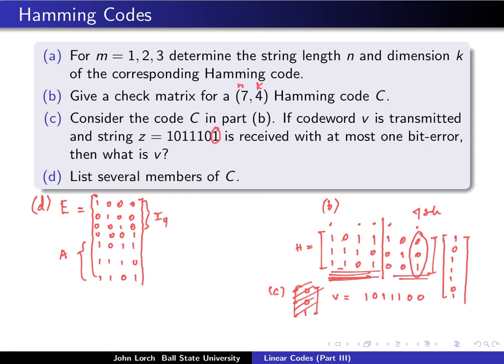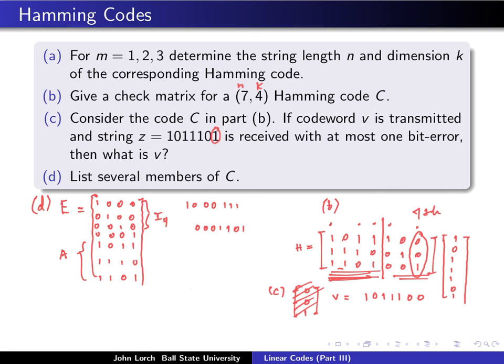Okay, so if we want some code words, we form this matrix E, and all we need to do is take some linear combinations of columns of E. In fact, the columns of E themselves are code words. So, for instance, the first column, 1, 0, 0, 0, 1, 1, 1, that's a code word. The last column, 0, 0, 0, 1, 1, 0, 1.